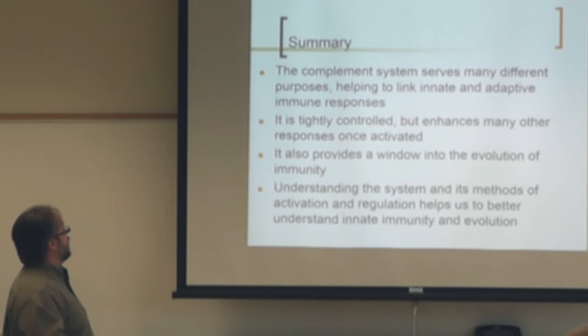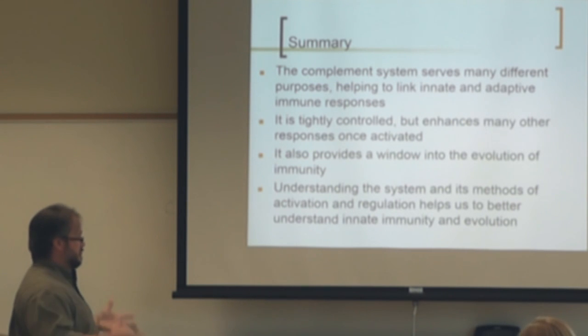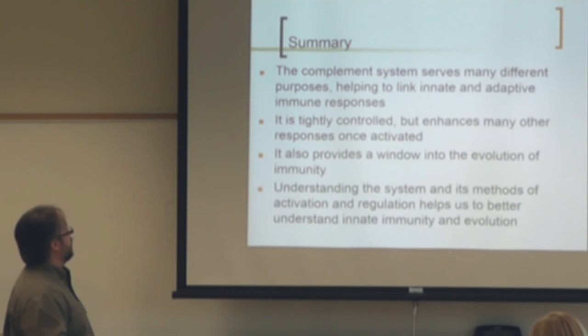It serves many different purposes. Again, it's good to know those three purposes are inflammation, opsonization, and direct killing or punching holes in the cells. It's tightly controlled. Obviously, we need it to be tightly controlled. It provides a window into evolution of immunity.